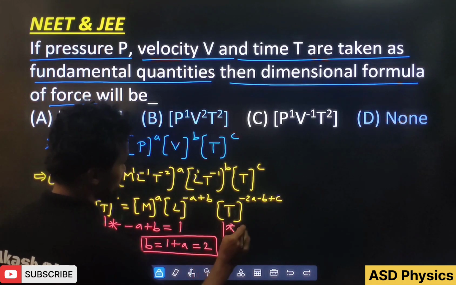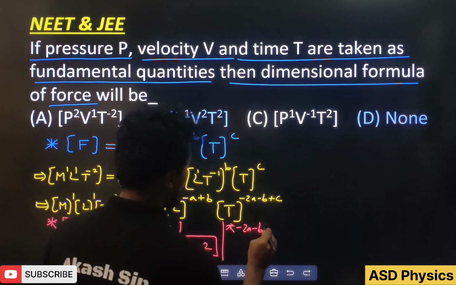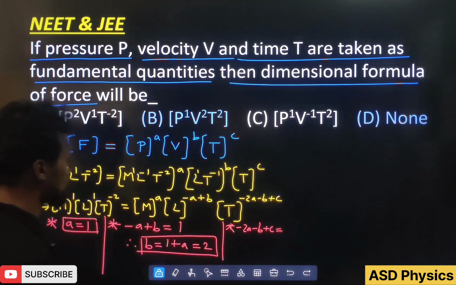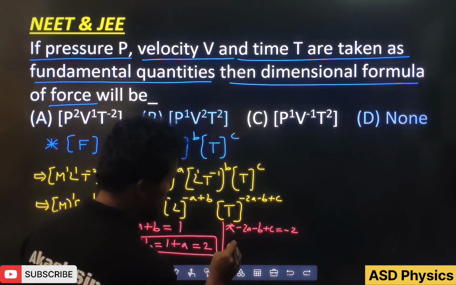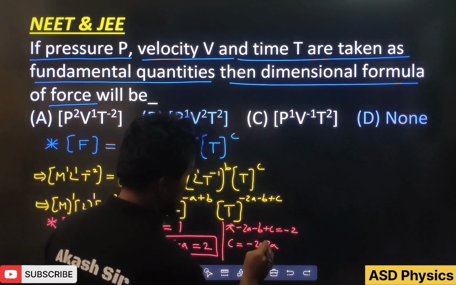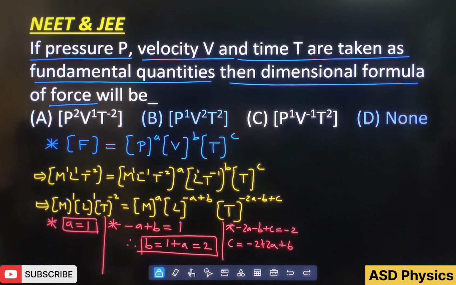After that, compare the time. Minus 2a minus b plus c is equal to minus 2. So c will become minus 2 plus 2a plus b.